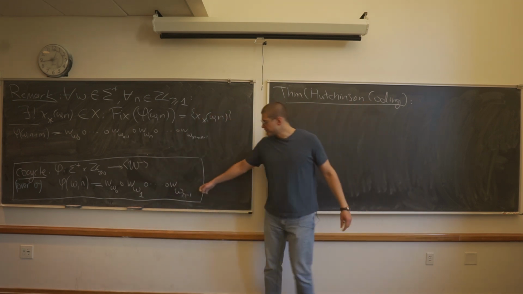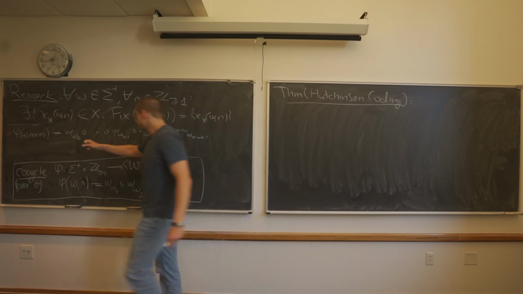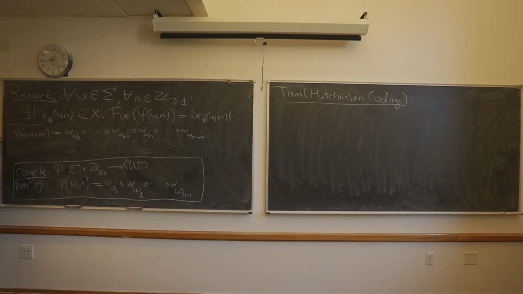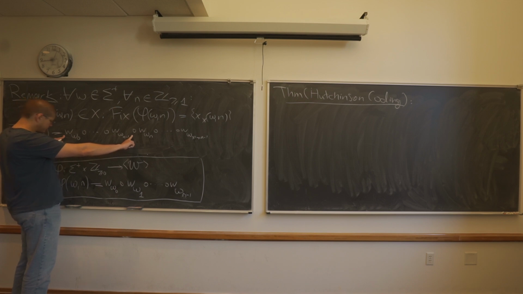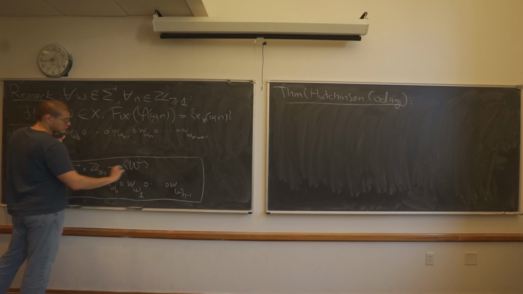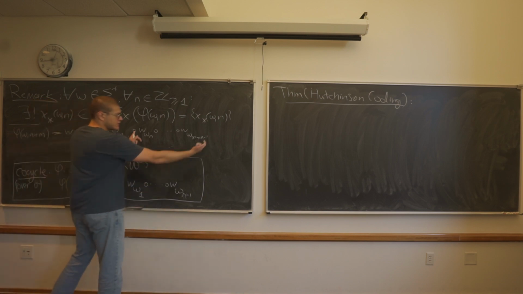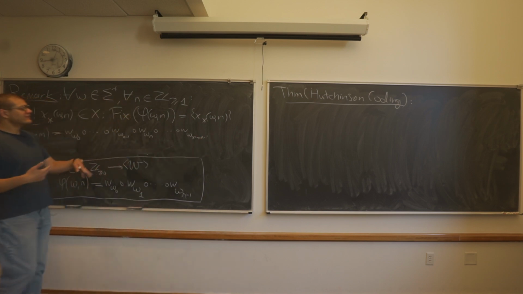I just wrote this definition with n replaced by n plus m. The point here is that you see this first part is phi of omega comma n. But I want to identify this thing in terms of phi as well.